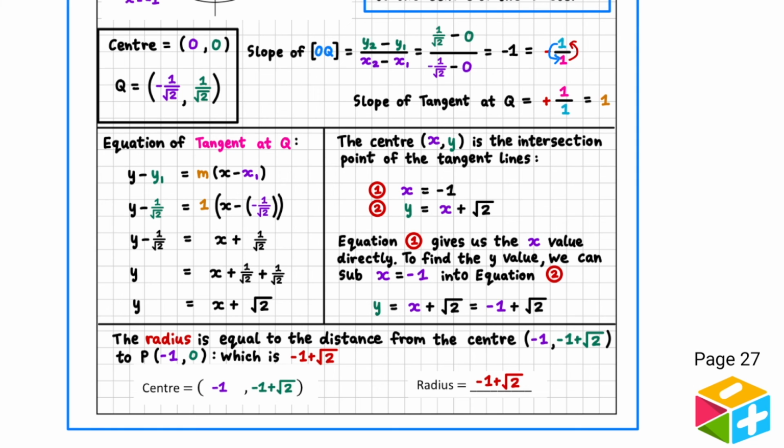Since these 2 points have the same x-coordinate, minus 1, the distance between the points will simply be the difference in the y-coordinate. Well, the y-coordinates are minus 1 plus root 2 and 0, and the difference between these two values is simply minus 1 plus root 2. So that'll be the radius of our circle.